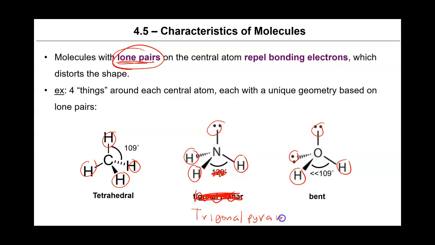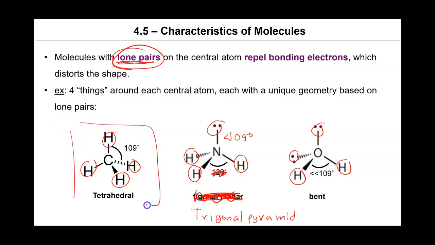So they're going to have bond angles that are near 109 degrees. But what we see is that adding the lone pair, it's a little bit more repulsive than just a bond to an atom, and it causes the bond angle to get decreased a little.